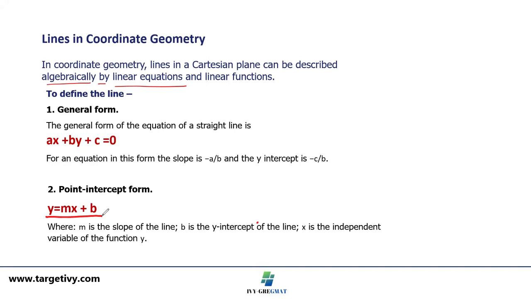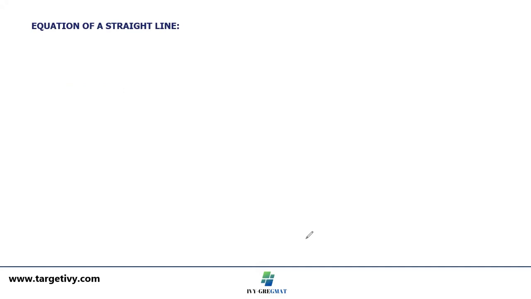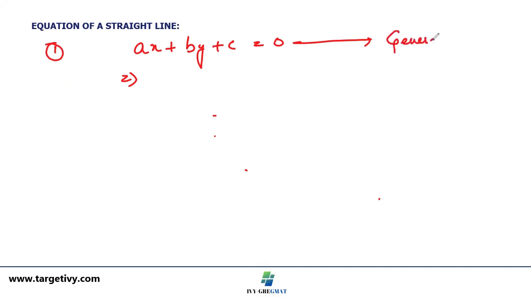So let's do a bit of understanding here. What is the equation of a straight line? As we just saw, it is ax plus by plus c is equal to 0. Clean? Which implies that this is the first form, the general form of writing a straight line.